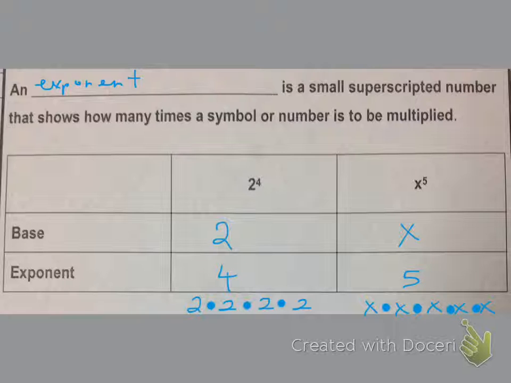They're added together. 5x is added together. So x plus x plus x plus x plus x is 5x. Not to be confused with x to the 5th power, which is x times x times x times x times x.